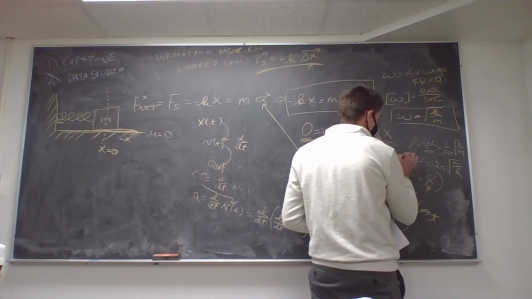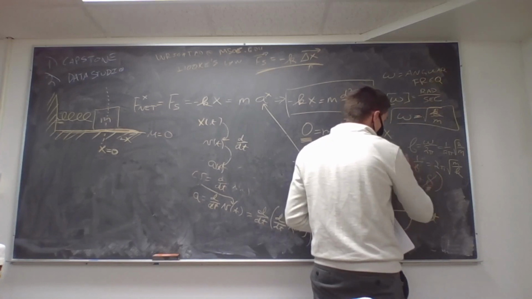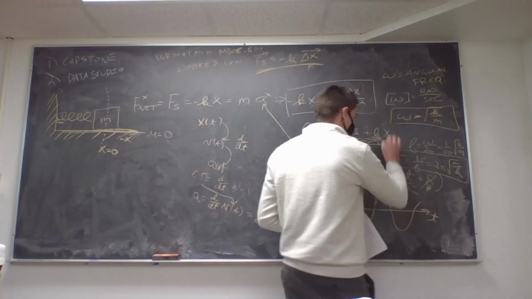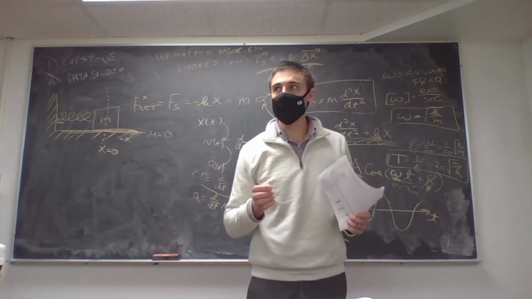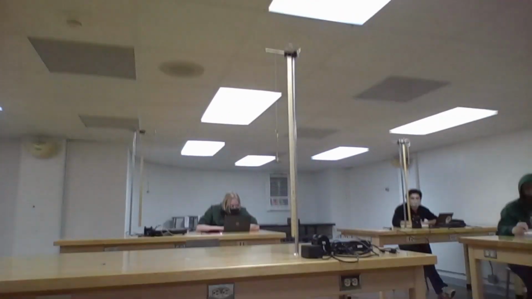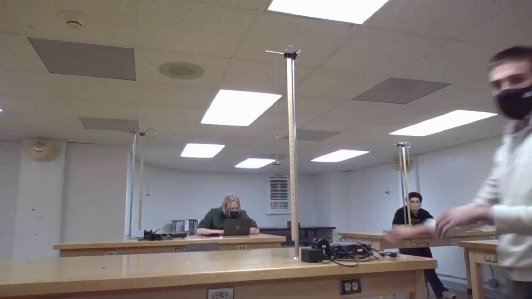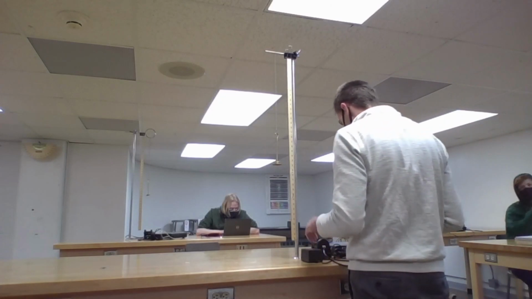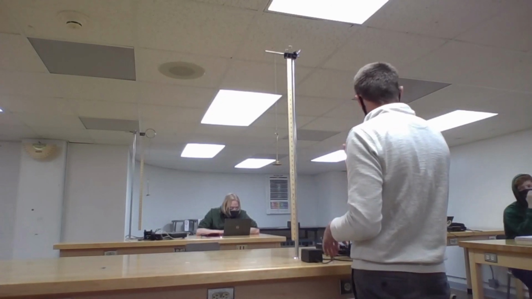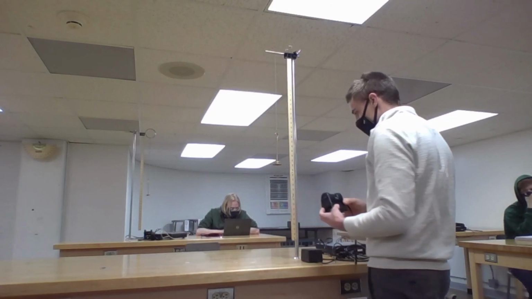Okay, now this is going to be helpful for me in the experiment that we're going to do. So what we're going to do is we'll take our setups that we have here. You have a Tasco sensor right here, a motion sensor right here. I'll show you guys how to hook this up to your laptops in a second.